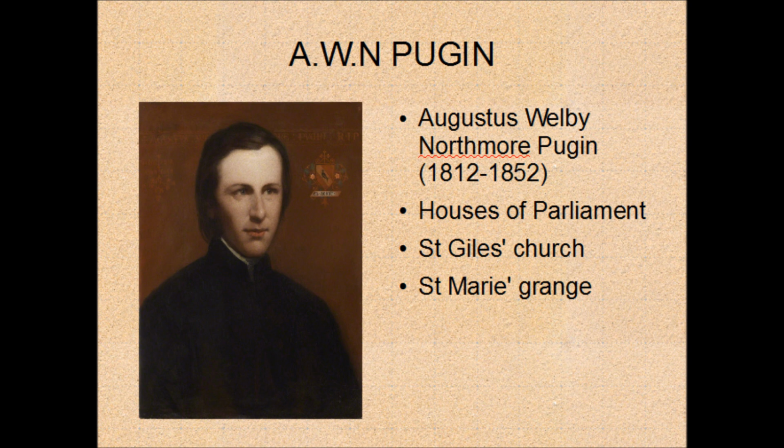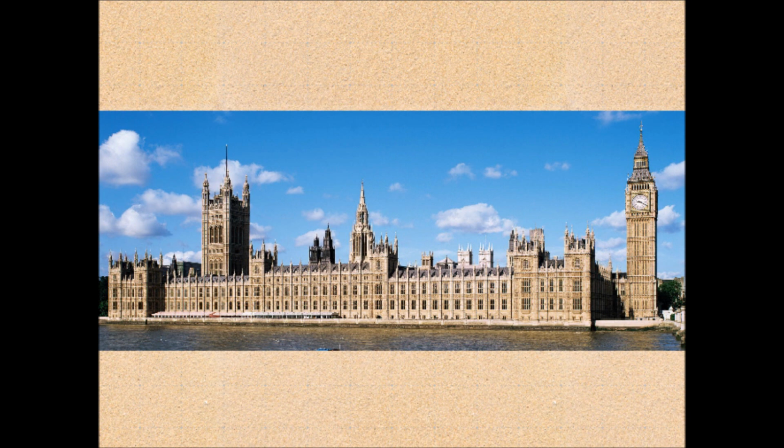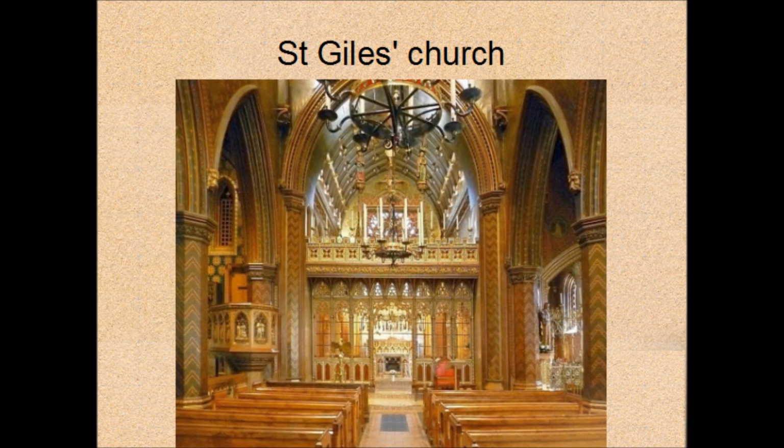A.W.M. Pugin, full name Augustus Welby Northmore Pugin, was an English architect, designer, author, theorist, and a leading figure in the English Gothic revival. He worked from 1836 onward on the Houses of Parliament with Sir Charles Barry. As Barry was not an expert on Gothic detail, Pugin designed almost all of it, from the facades down to the inkstands.